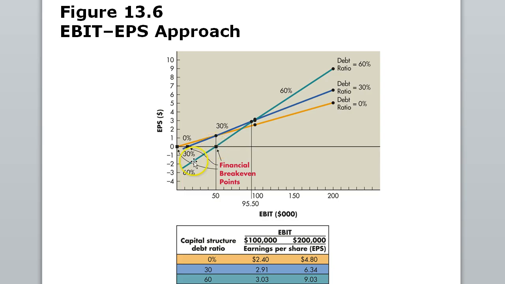Now, as we can see, we start with the orange line, the break-even point is earnings per share at 0, which would be the debt ratio at 0.